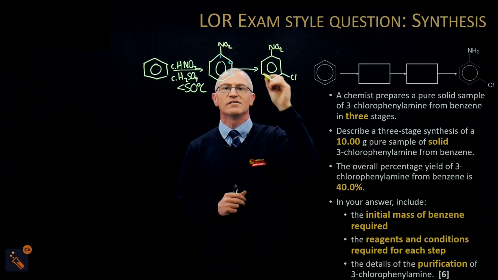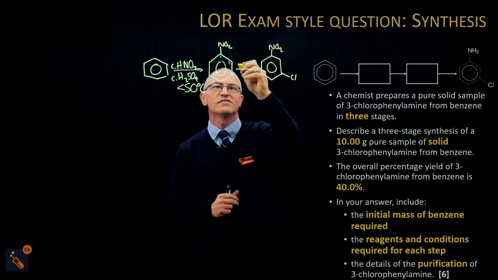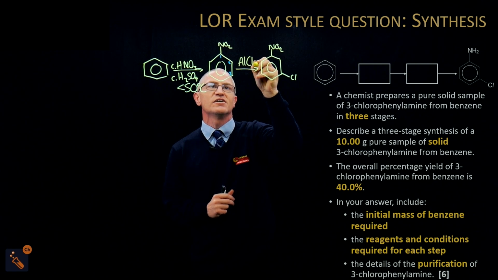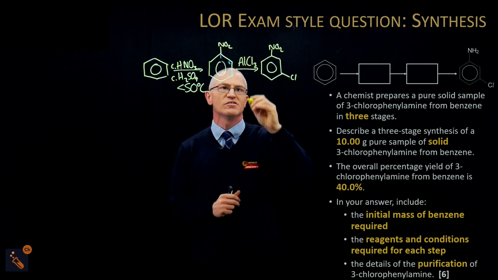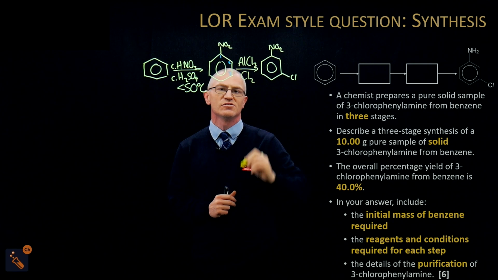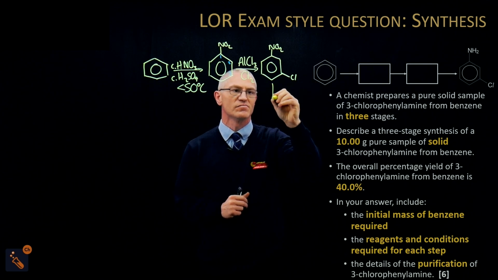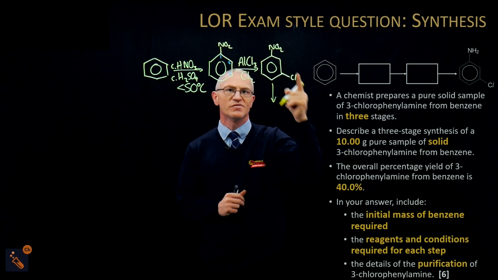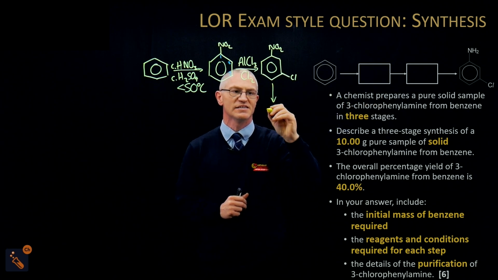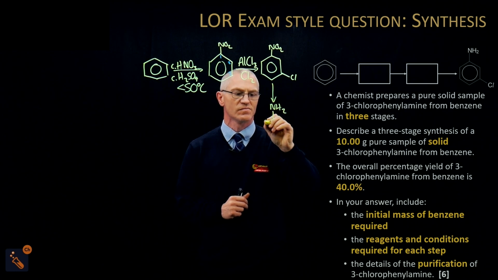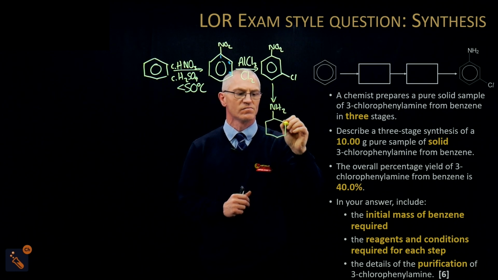Now if you go from here to here, you'll need chlorination, which is aluminium chloride and Cl2. Okay, and then we finish it off, we've got to turn that NO2 into NH2. So if I draw the NH2 here, there we go.